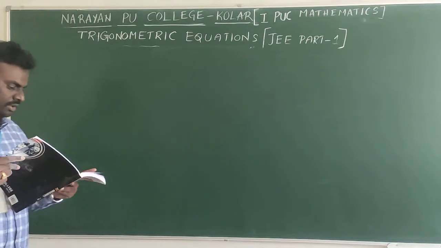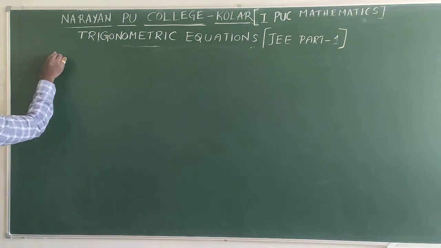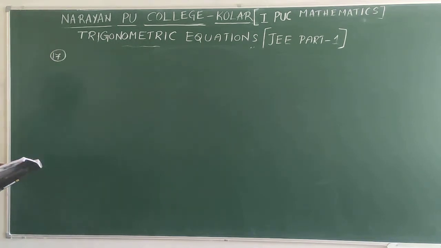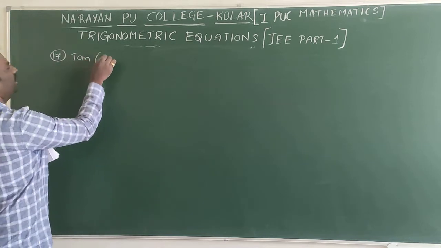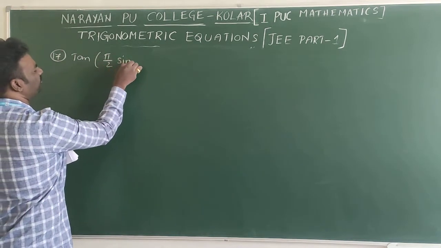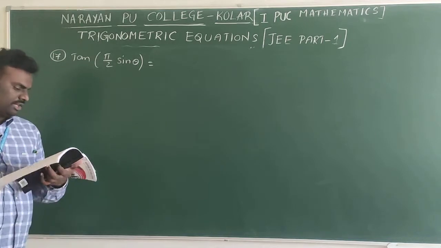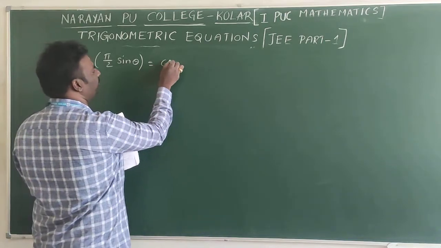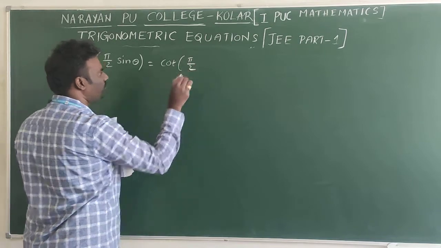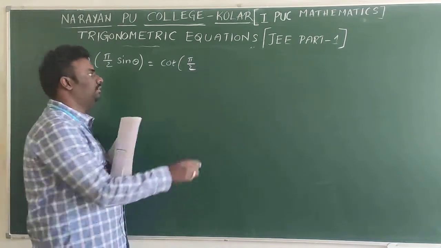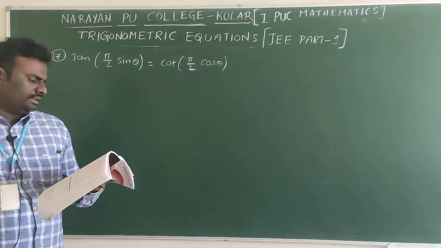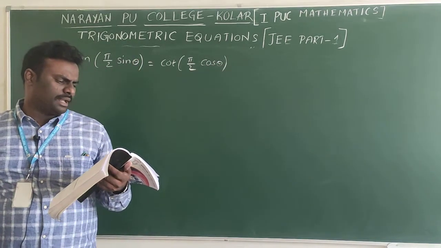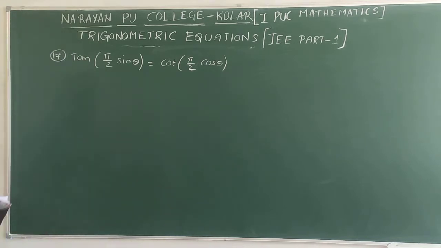Next, question number 17. If tan of pi by 2 sin theta is equal to cot of pi by 2 cos theta, then find the value of sin theta plus cos theta. Okay.